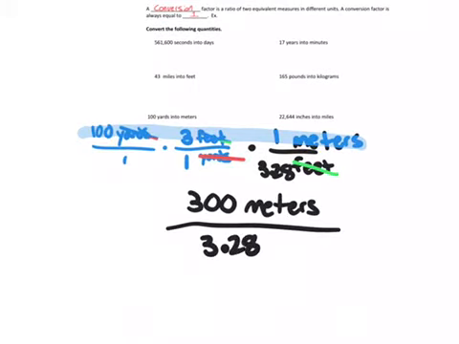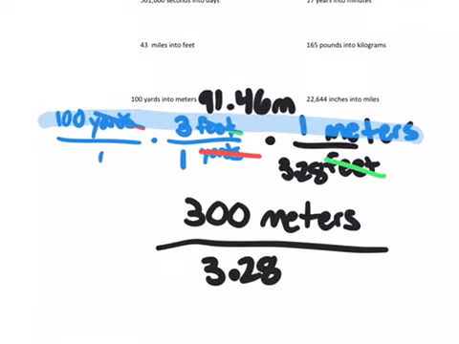So with 300 divided by 3.28, we get that 100 yards is 91.46 meters. That one took a couple of conversions, and that's okay. Just remember to set up diagonally the units that you would like to cancel out, and you want to be left over with the unit that you are trying to end with.